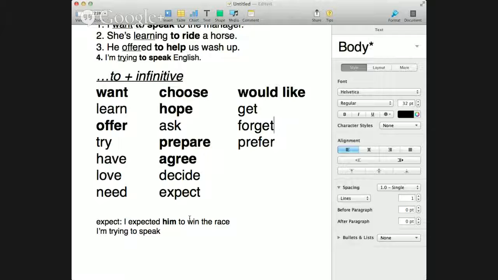Okay, forget. I forget to kiss my girl on her birthday. Oh, you forget or you forgot? So, are you talking about something that happened in the past, Alvaro?